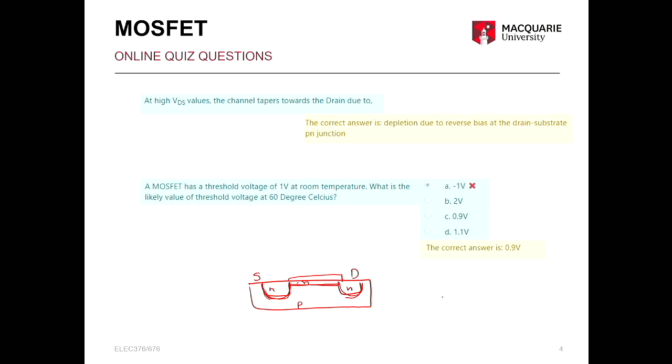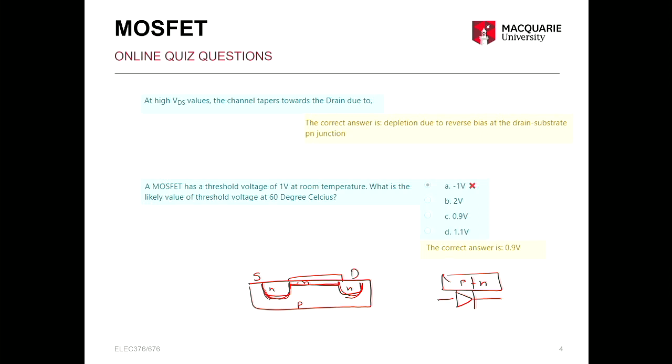This PN junction is not different from the PN junction of a diode. So what are the properties of a PN junction? There is a depletion region between the P and N-type regions, at the junction. Electrons and holes cannot pass through that depletion region unless you apply a positive bias, or forward bias.